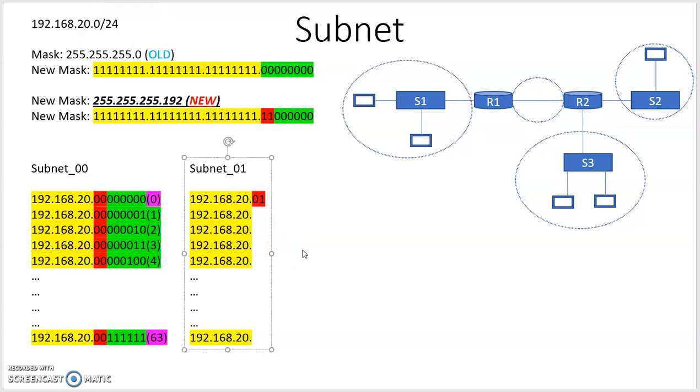subnet. Let me just copy paste, Control C. So that's 01, in red. Each of these rows has 01 in red, the first 2 bits.